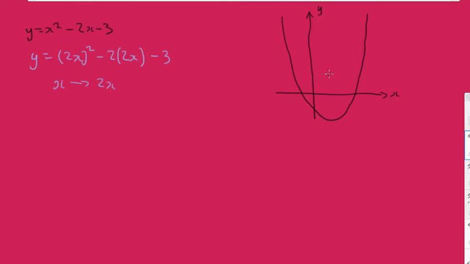So what will this look like? Let me just make sure I do this correctly. So what we've got here is if we have a point on the y, it's going to be parallel to the x-axis this time, and the y is the same.